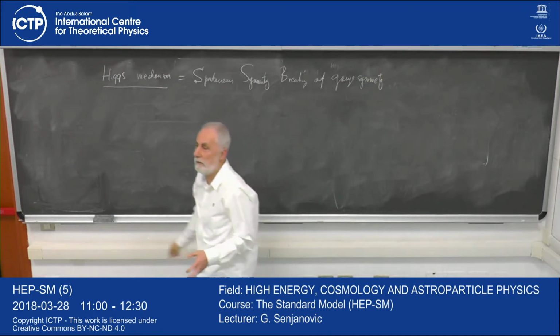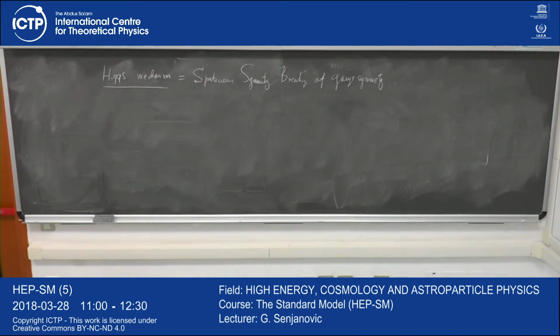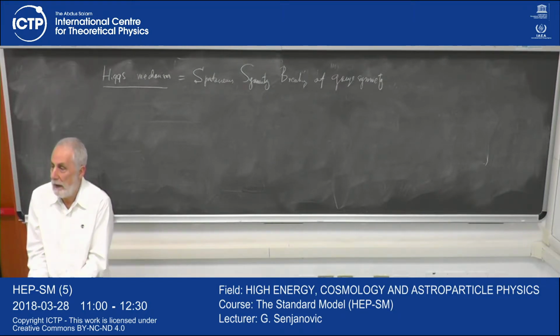And it simply says the following: I'm going to take a symmetric theory, and I'm going to hope that I have a situation in which the ground state carries a charge. That was first global, and I made it local, like in QED. Spontaneous symmetry breaking means that the ground state breaks the symmetry.